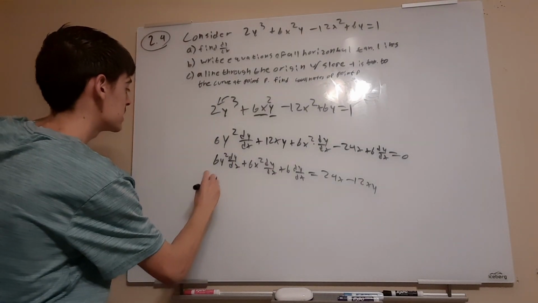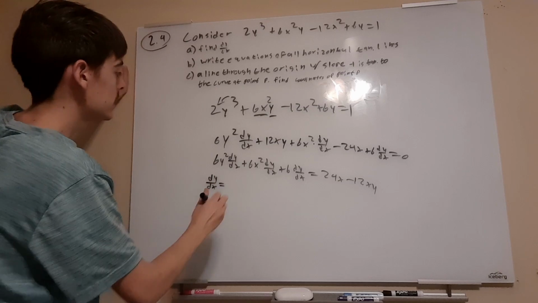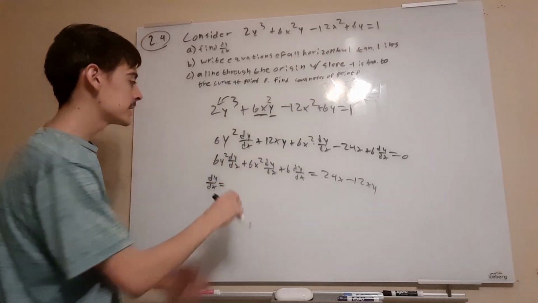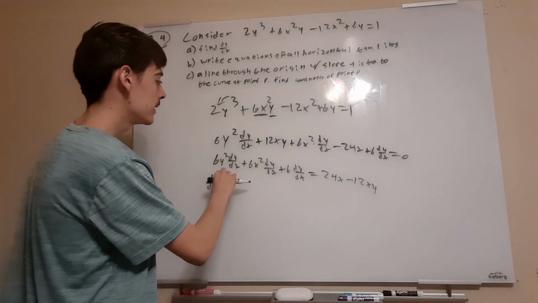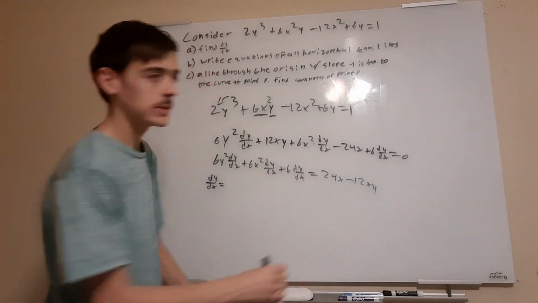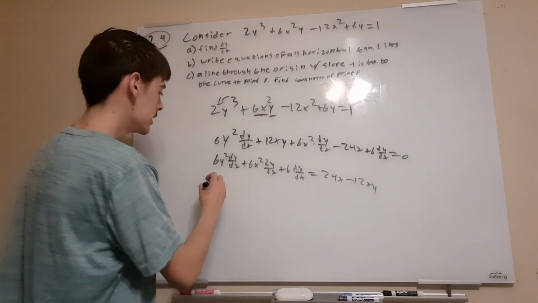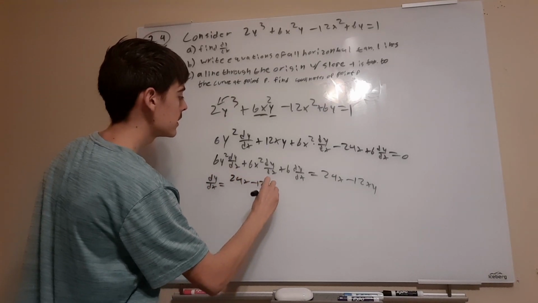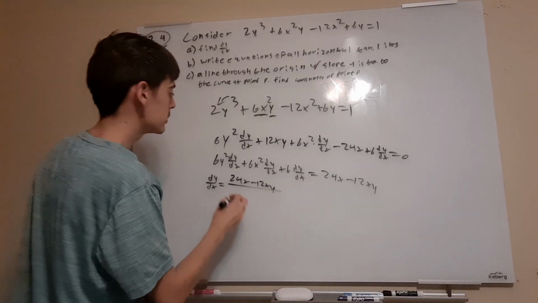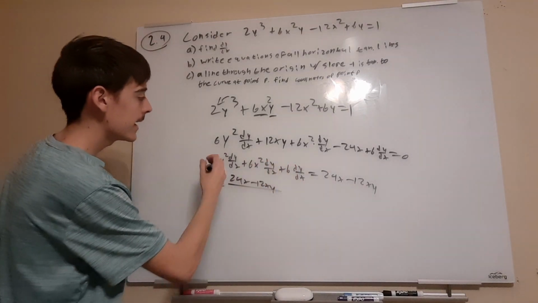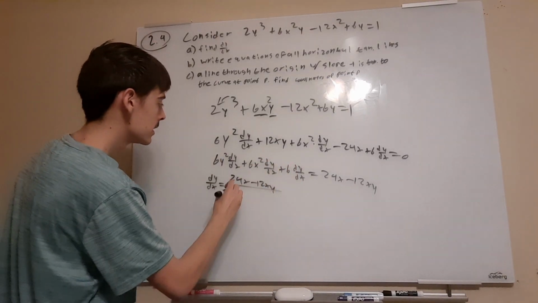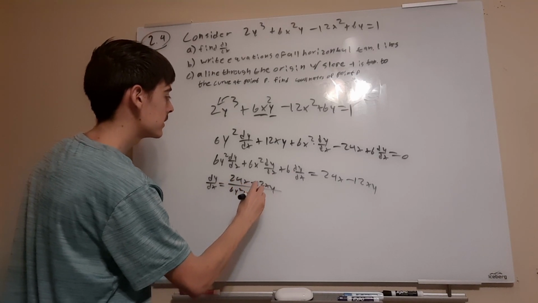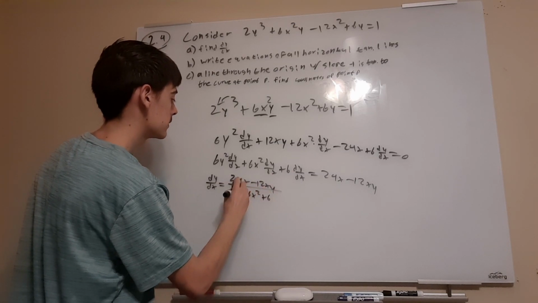So dy dx equals, it's going to be all of these three, just without a dy dx. And after that step, we're just going to divide by whatever that thing is on both sides. So let's just combine both those steps into one. So dy dx is going to equal 24x minus 12xy. That's what's already over there. And then we're just dividing by this stuff, having factored out dy dx. So that is going to be 6y squared plus 6x squared plus 6.